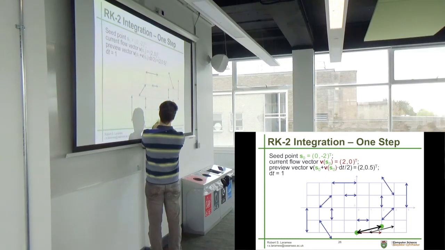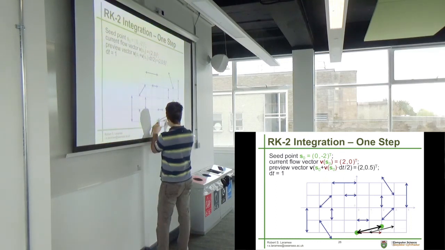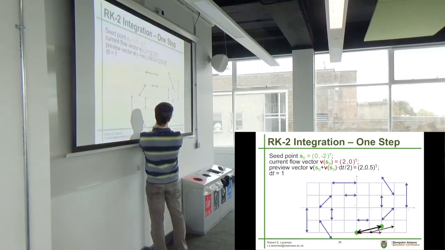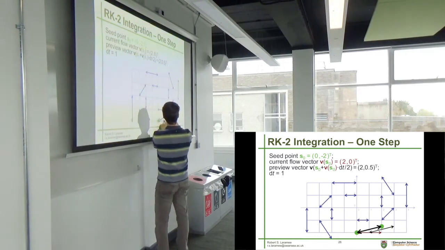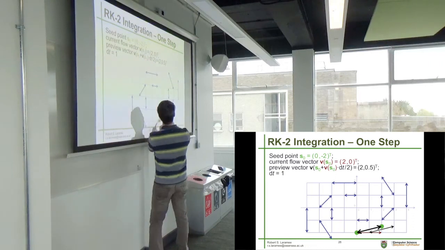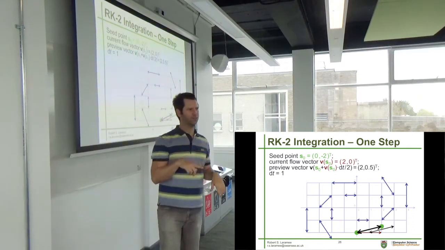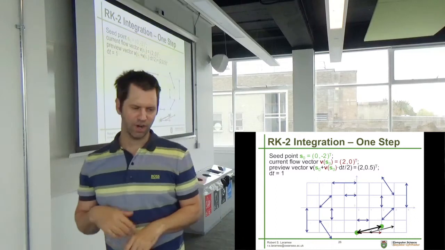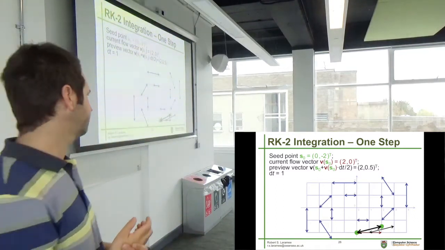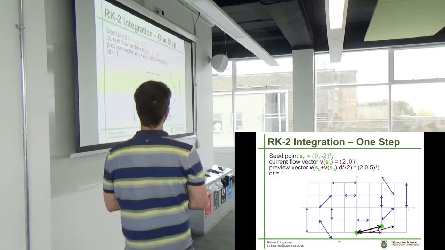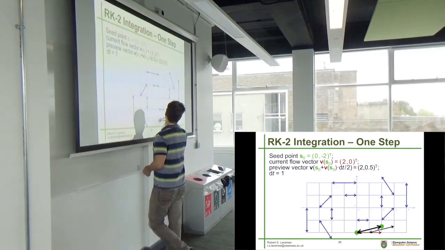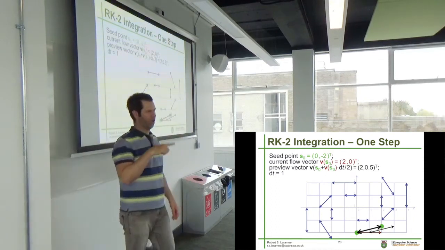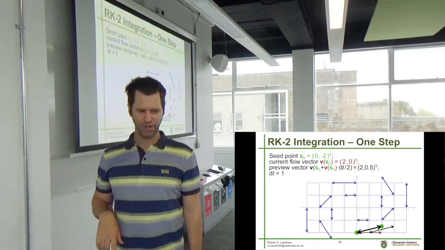And it turns out the preview vector points in this direction. So as soon as we're here, the velocity changes its direction. And we average this one and this one together, and we get a more accurate position for our next point along the streamline. Right, instead of down here, it moves up, which more accurately approximates this ellipse.